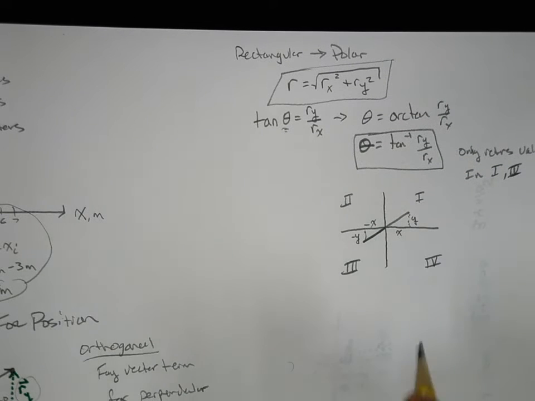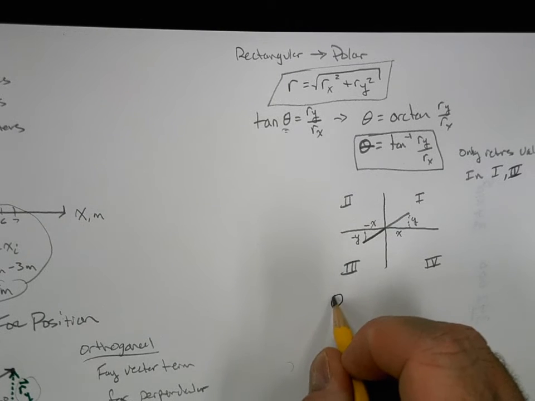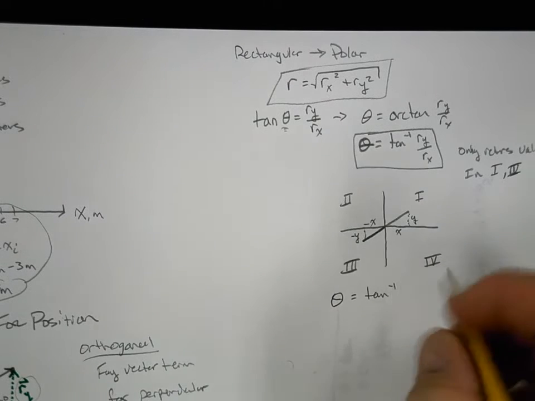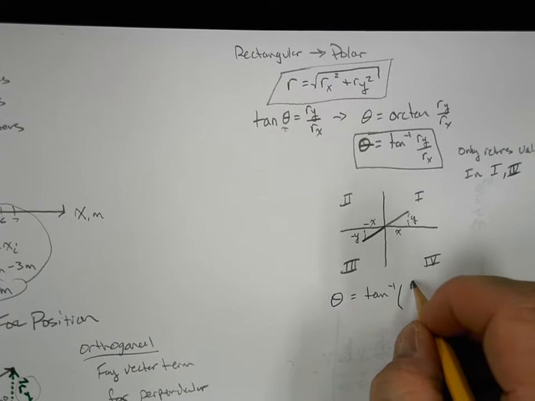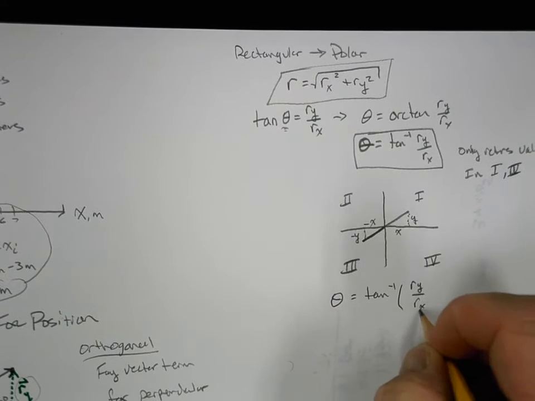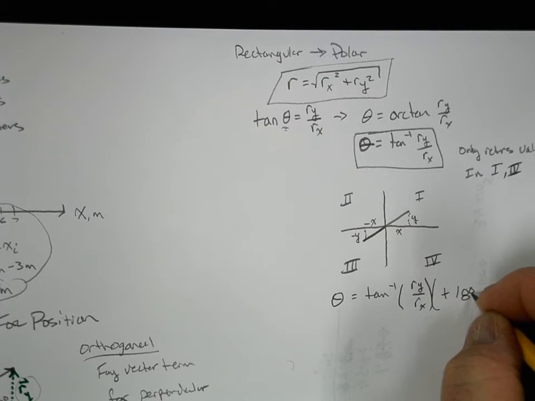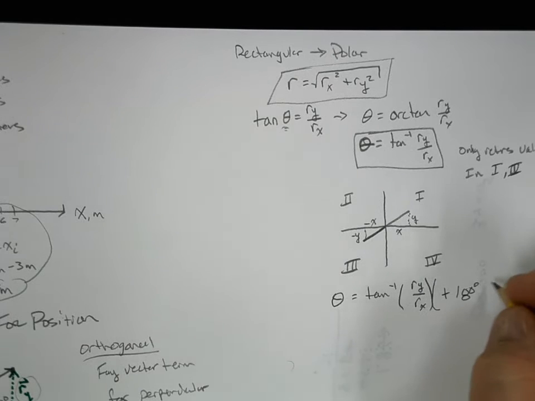So let's rewrite theta as this. It's the arctan of ry over rx, plus 180 degrees if we have a negative rx.